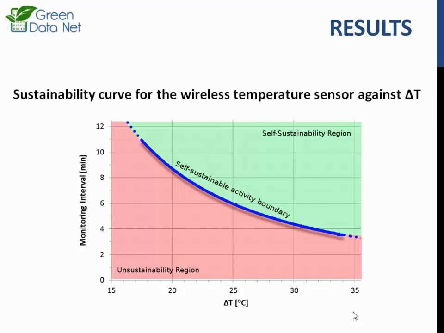So you collect enough energy to process and send the packet. Of course, if you ask for a much more reactive system, let's say you ask to send a packet every minute or even less, this balance between the energy that you get and the energy that you spend is not positive, and you have to add an additional energy source, for example, a battery or an external power supply.